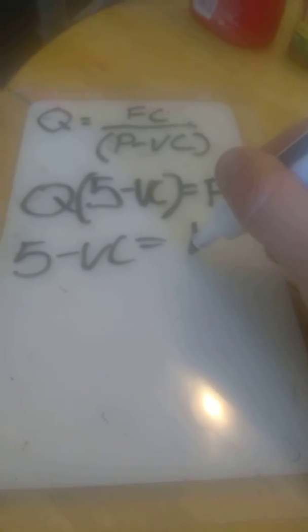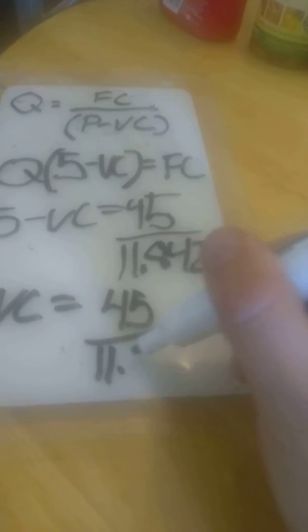And you wouldn't want to distribute this because it would get unnecessarily messy when all you need to do in this event is divide by Q. So you'd have 5 minus variable cost equals fixed cost, which in a previous example was 45, divided by Q, which again in our previous example was 11.842, and then now you want to get rid of the P, or 5, right?